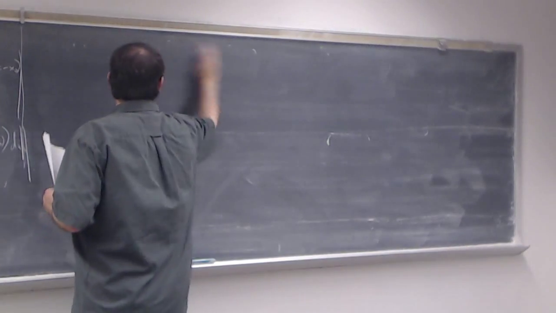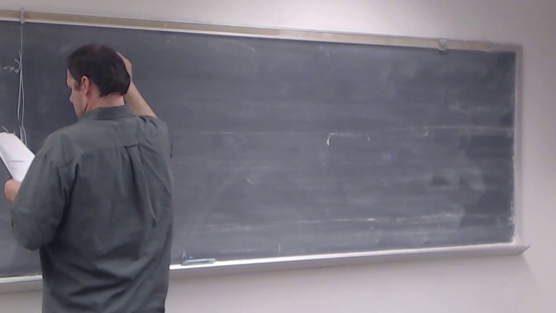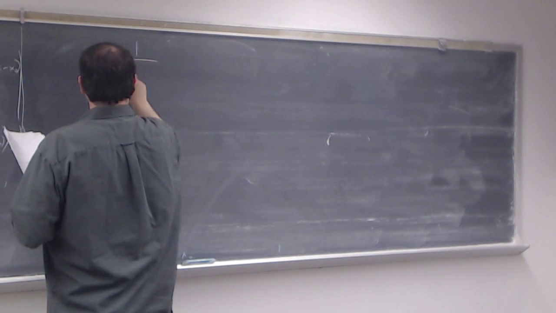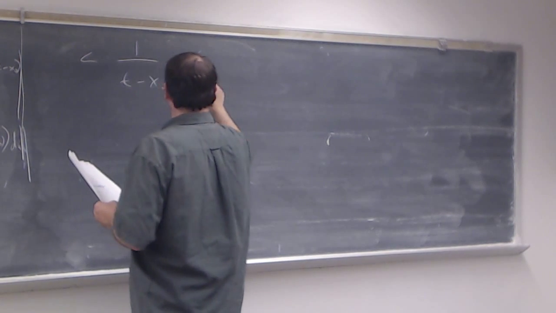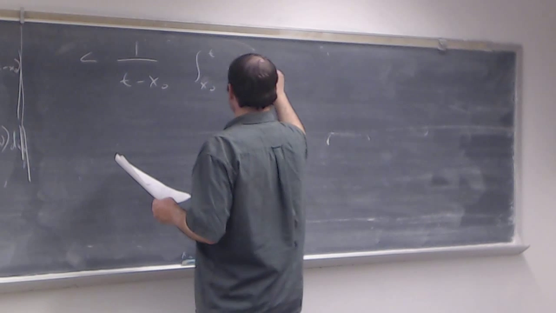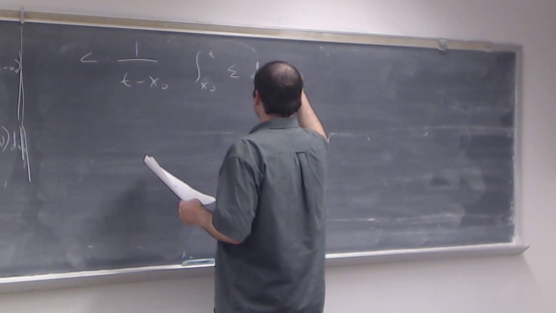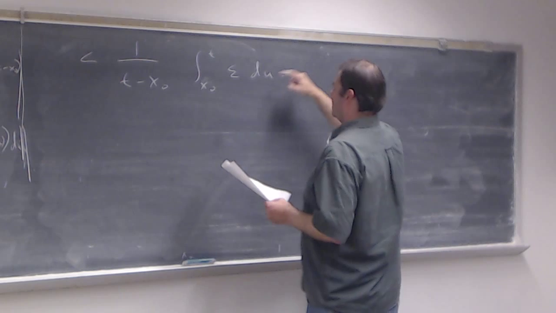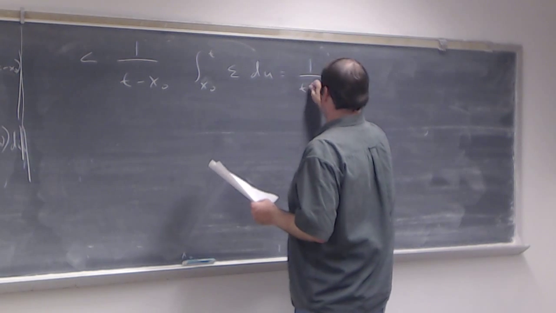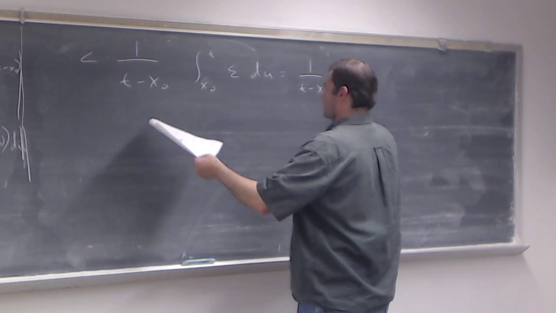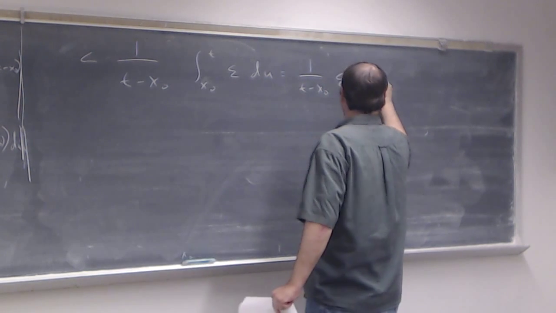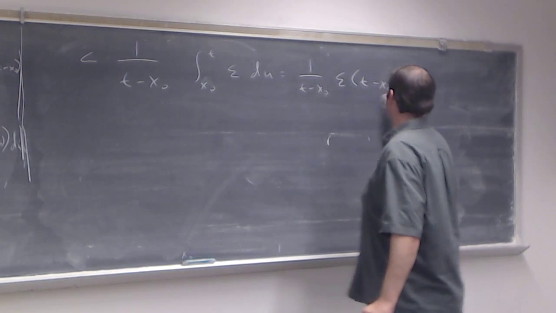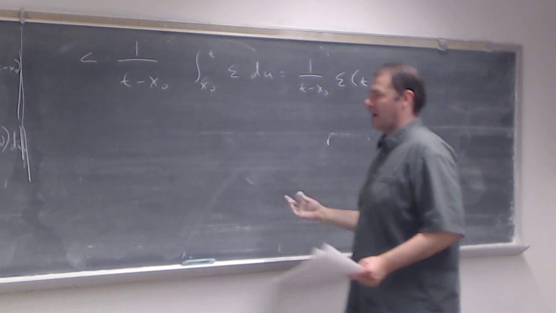Okay. So this is less than 1 over |t − x₀| times the integral from x₀ to t of epsilon du, which is going to be equal to, and this is a constant, so when we integrate here, we're going to get epsilon times this distance, which is t − x₀. These two cancel, which equals epsilon.